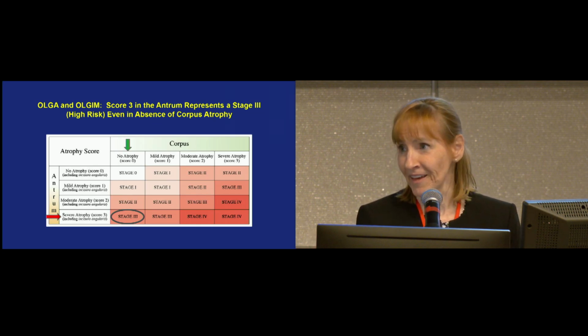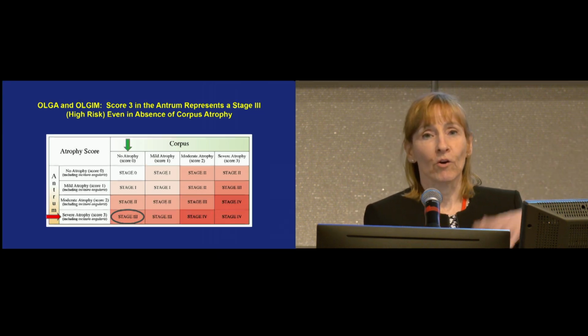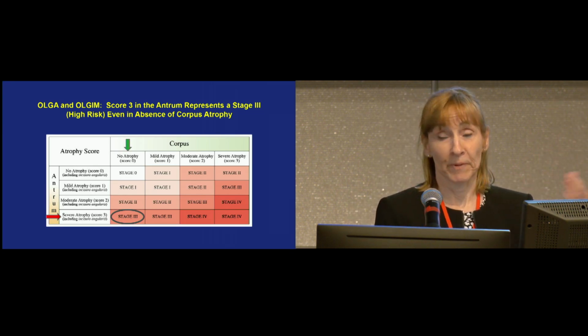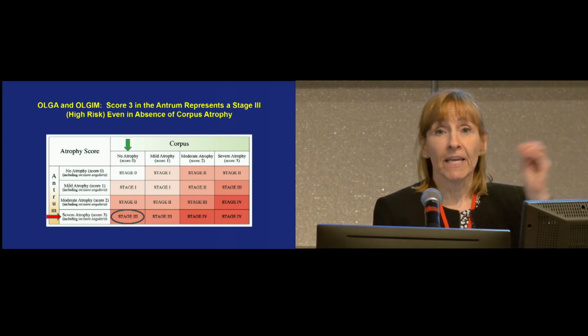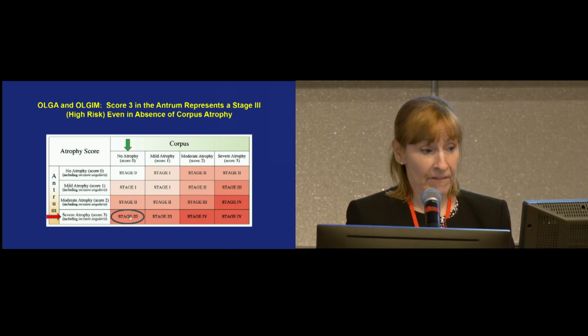And I disagree with that. You cannot say that extensive is only when it's in the corpus or when you have a corpus and antrum, because you can have a little area here and there, and that doesn't mean the same. So this is a very important caveat when you do the systems.